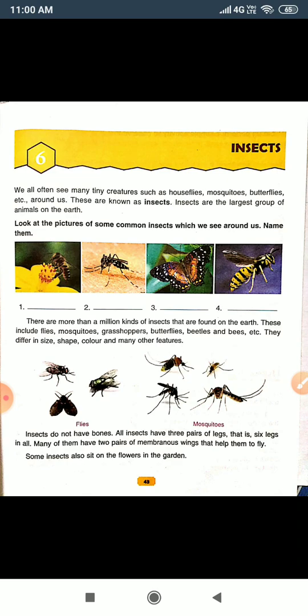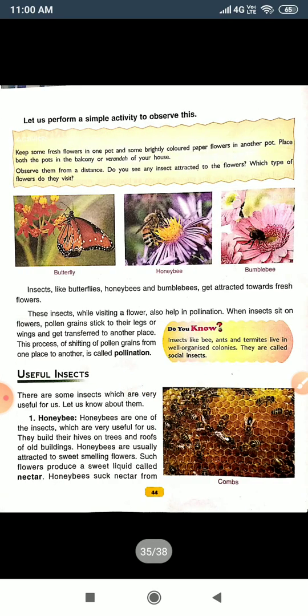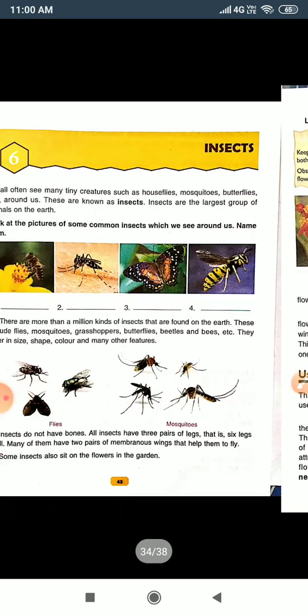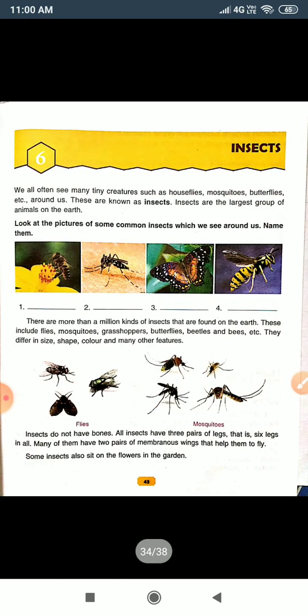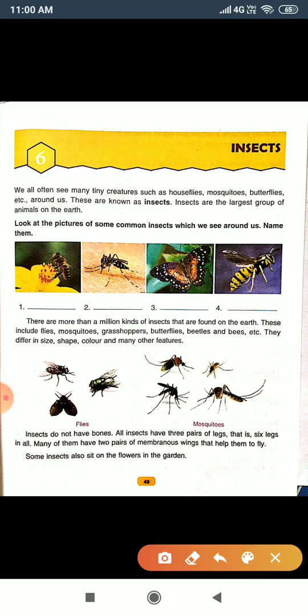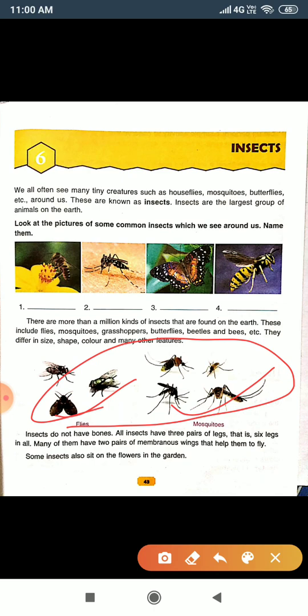So first of all, come to the point that insects do not have bones.